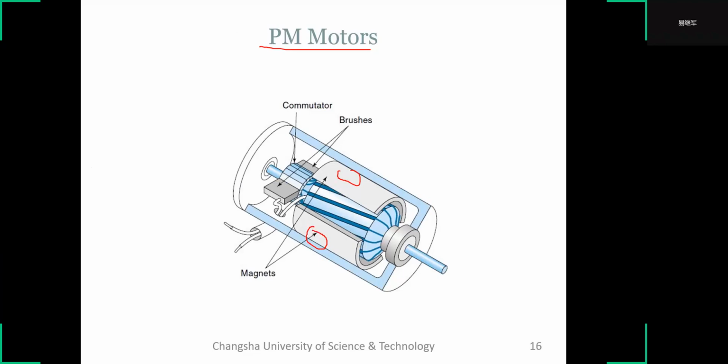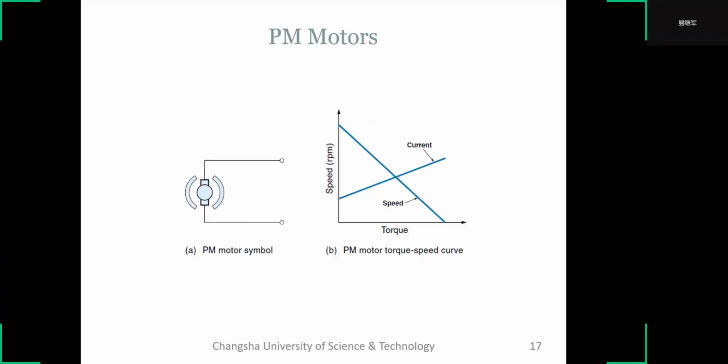For the permanent magnet motor, the relationship between speed and torque is linear, and the speed and current relationship is linear. As we know, we always like a linear relationship in control.